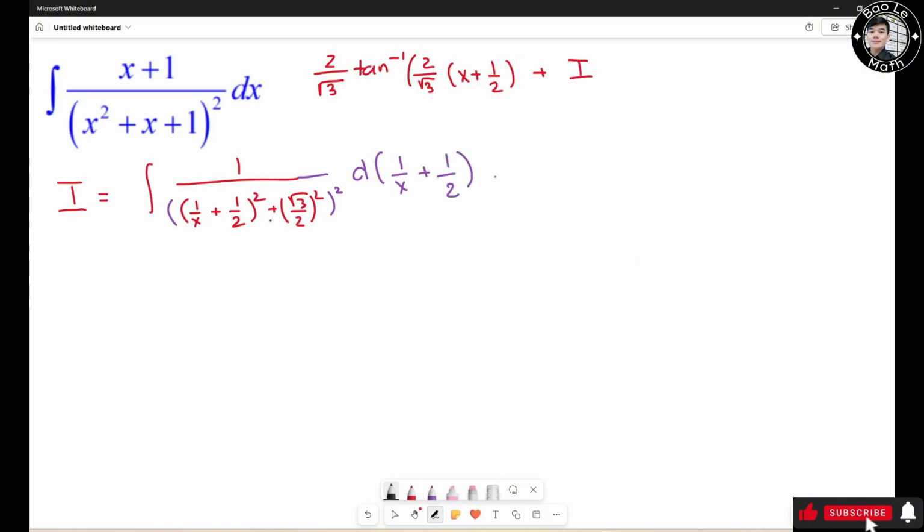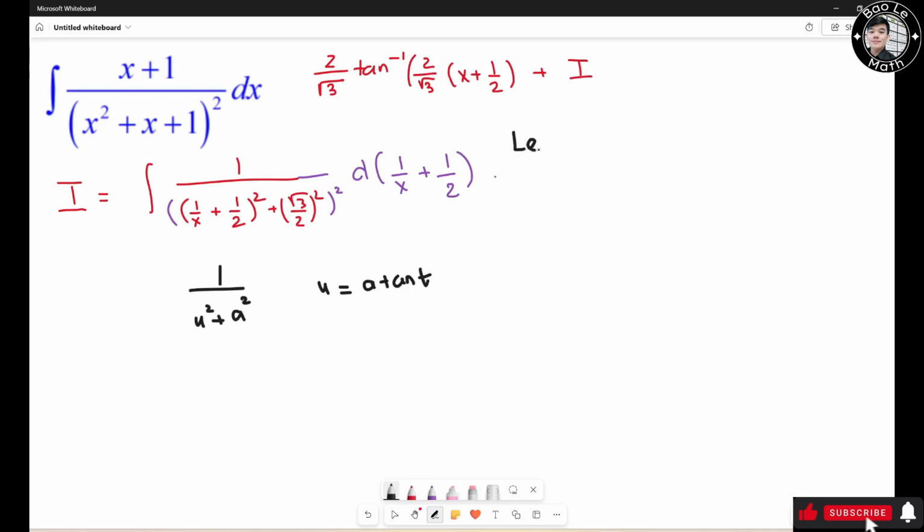Observe that this is the same thing as 1 over u squared plus a squared. So in order to calculate this one, we just use substitution. We let u equals a tangent t, so now we use the trigonometric substitution.